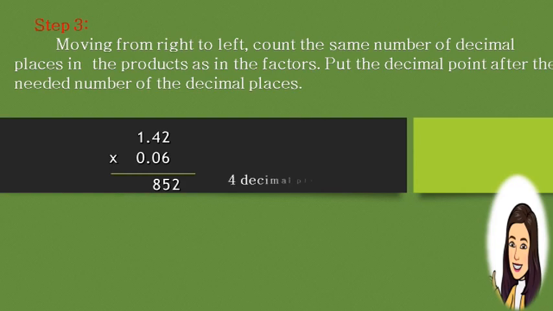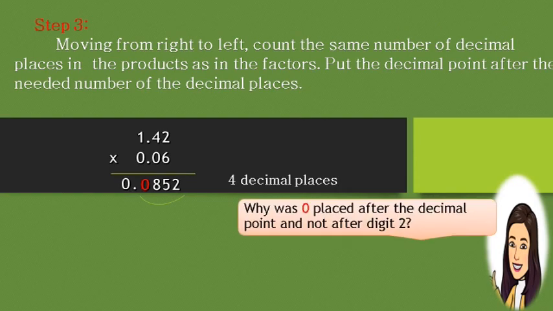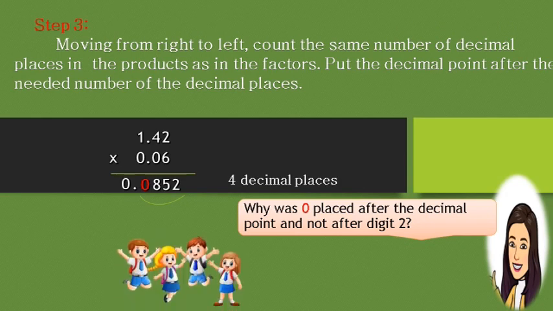What shall we do next? If there are 4 decimal places, we will add 0. Why was 0 placed after the decimal point and not after the digit 2? That's right.